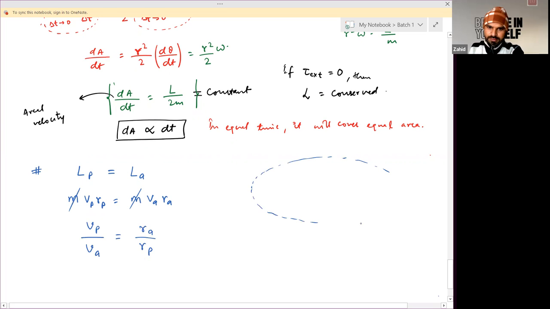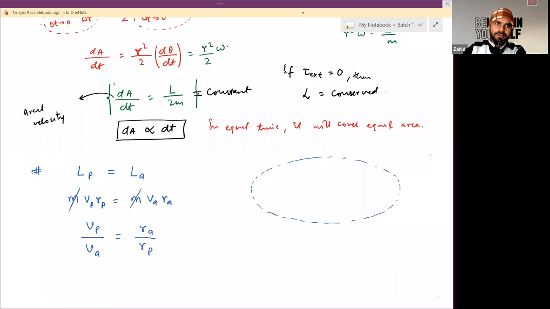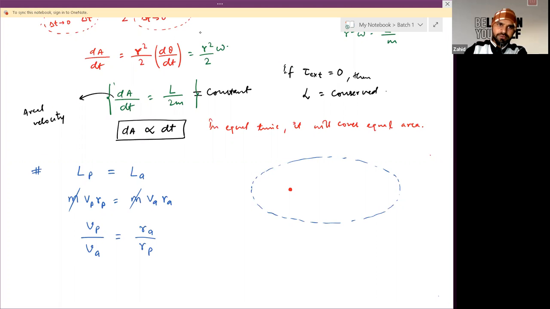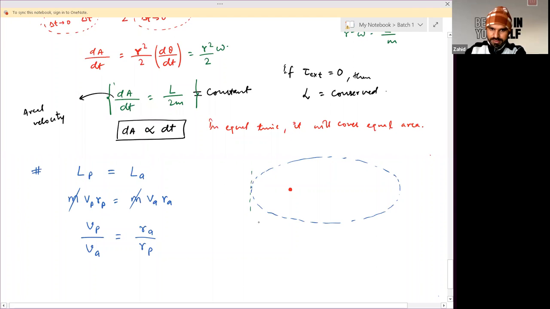This is an elliptical path. And let's say the sun is at this point. For a planet at this point, the distance from this point to this point is RP, since this point is perihelion, and to this point is RA.